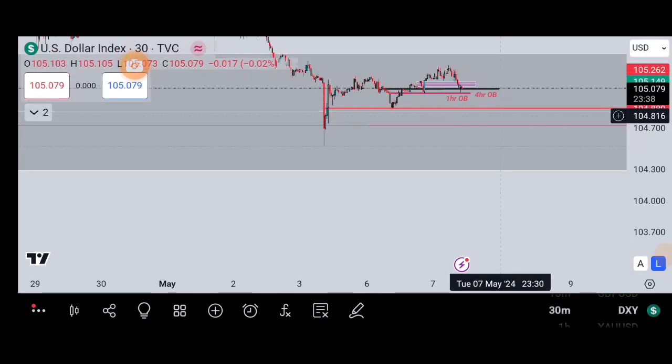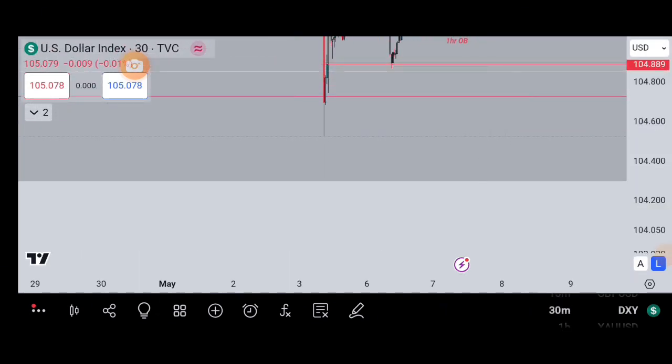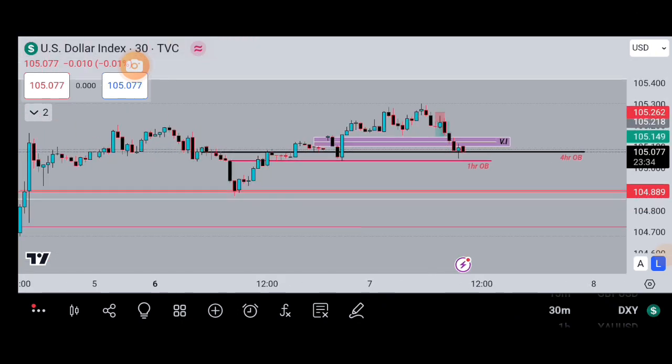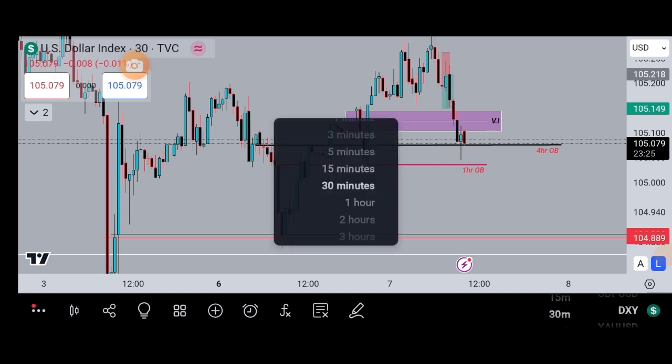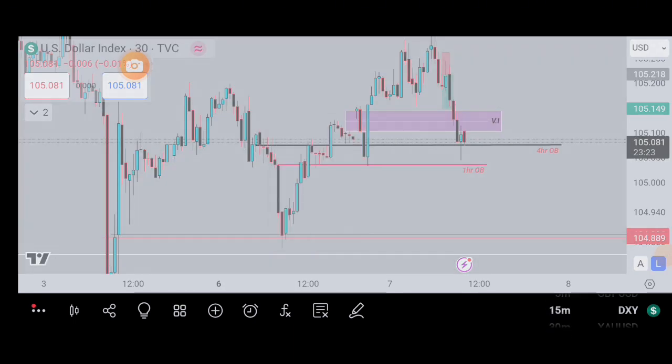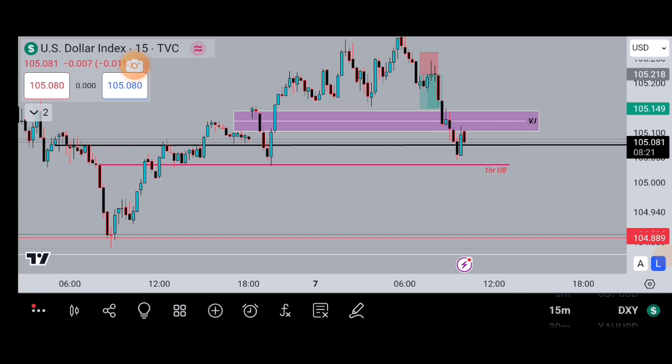So we have price still moving lower, so something where we have to be patient. Also on the 15 minutes, yeah, we should be chilling and see what will happen.